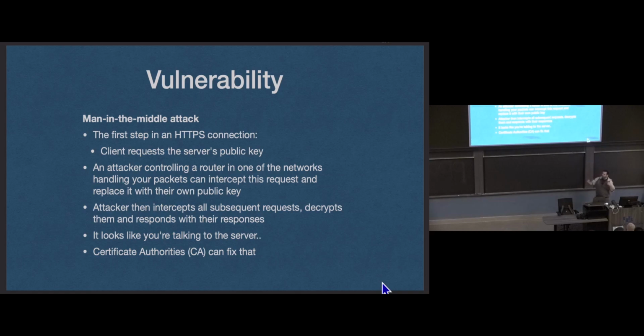Now I have what I think is that server's public key, but it's somebody else's. So when I'm encrypting things to the server, I'm actually using the attacker's public key. The attacker's going to get all the messages that I send, decrypt and read them, and do whatever malicious stuff they're going to do.